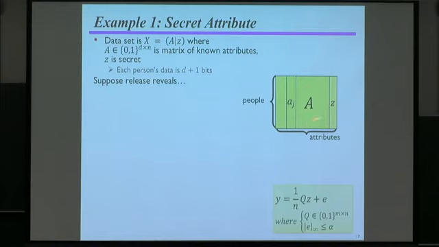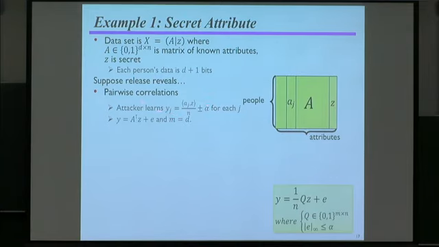And suppose you want to start releasing information about the relationship between this attribute Z and these other attributes. For example, you might want to release pairwise correlations between these attributes. If you abstract away what the attacker is learning, for each of the columns of A, they're learning the inner product of the column A_j with Z, normalized by n.